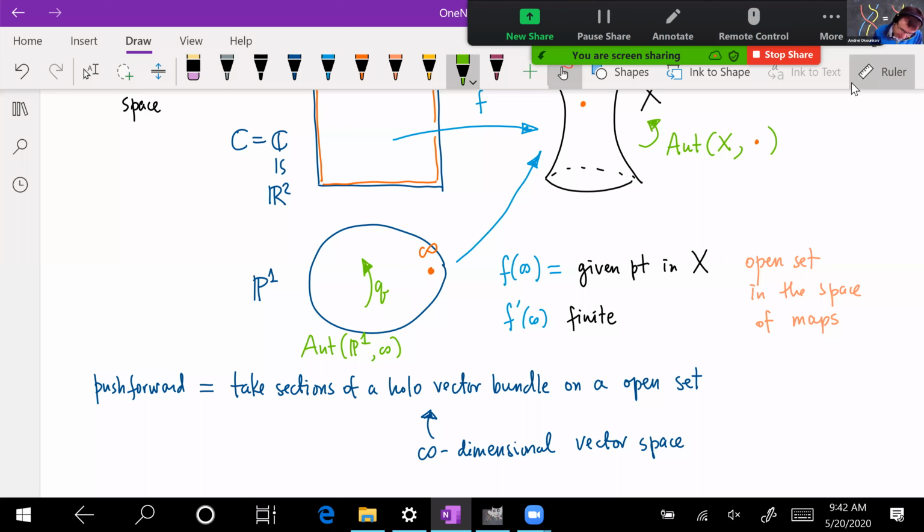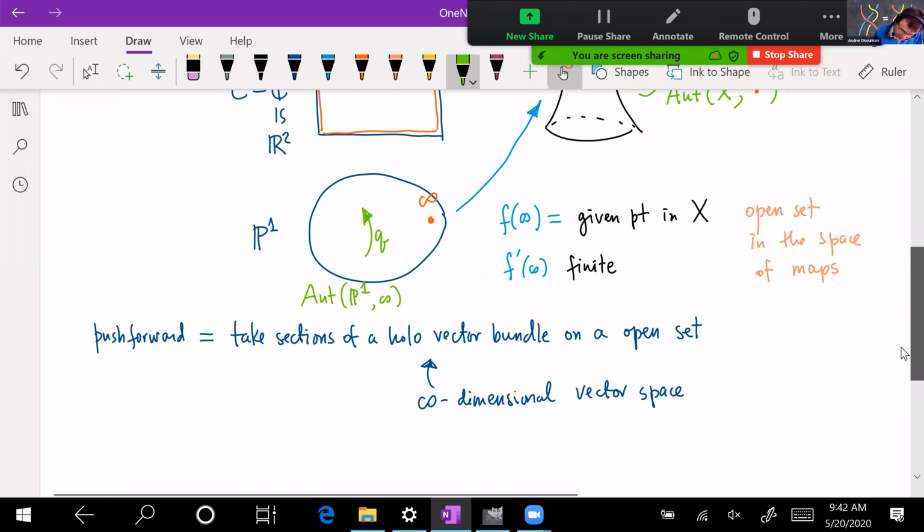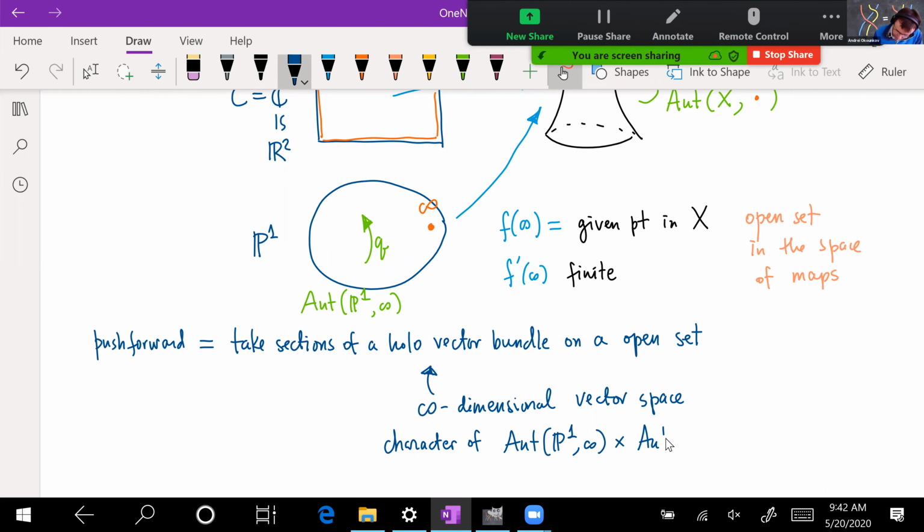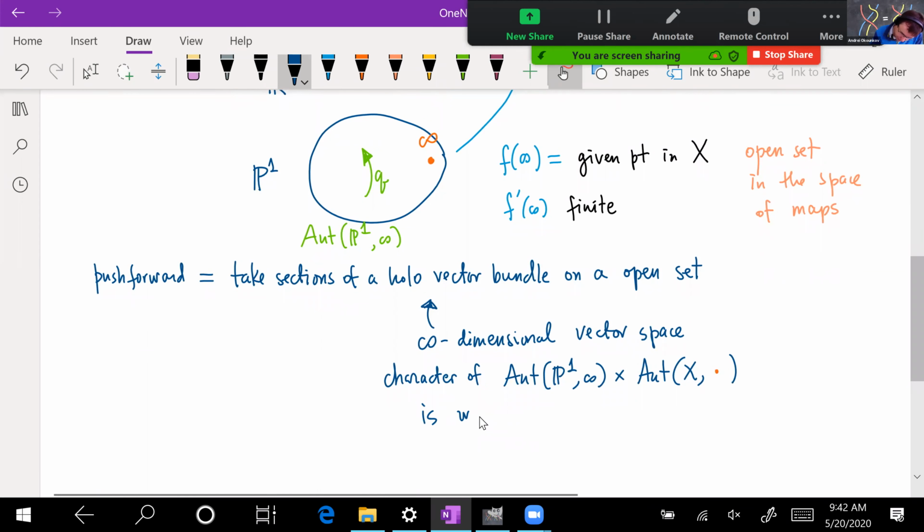And so this means that we have some group acting on an infinite dimensional vector space, but the character is well defined. The character of our group action, of the automorphisms of P1 fixing infinity cross automorphisms of X fixing that marked point, is well defined.